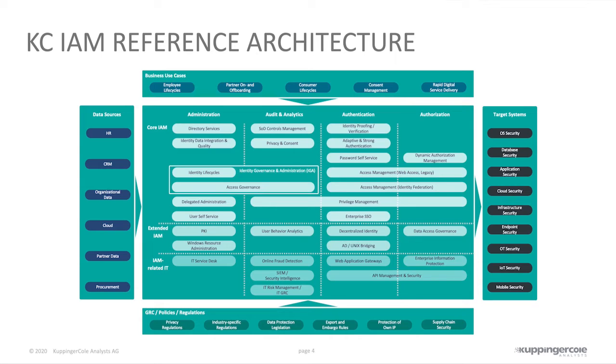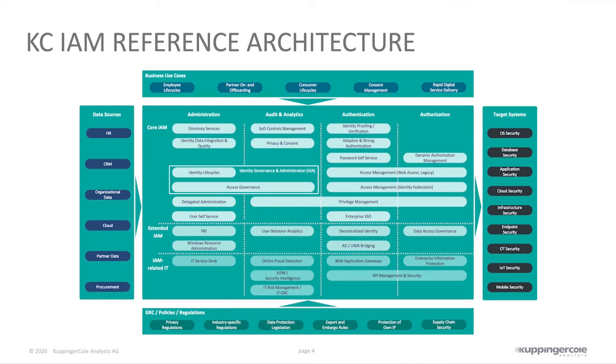If you look at the lines, they are also distinguished between core IAM, extended IAM, and IAM-related IT. So the blocks that we expect to be in an IAM system, those that can be but are not necessary, and those systems within an organization that provide data to an IAM system, consume data, interact, and cooperate with an IAM system.